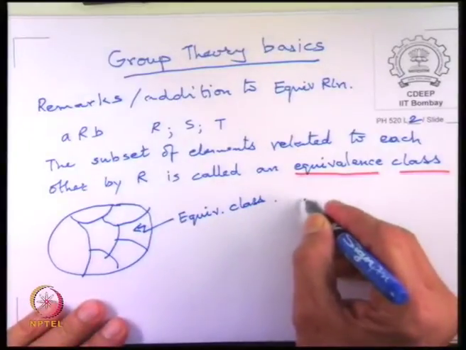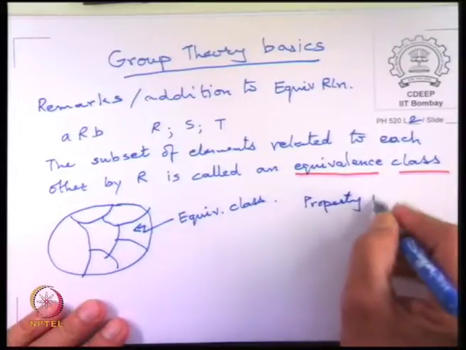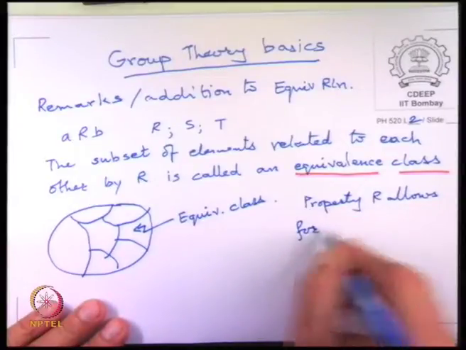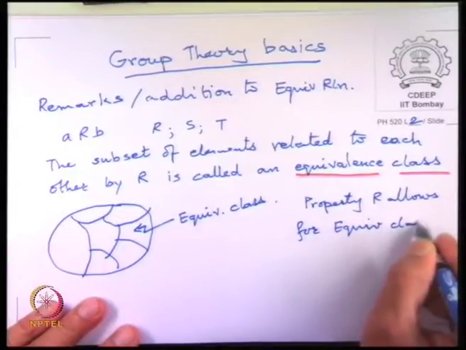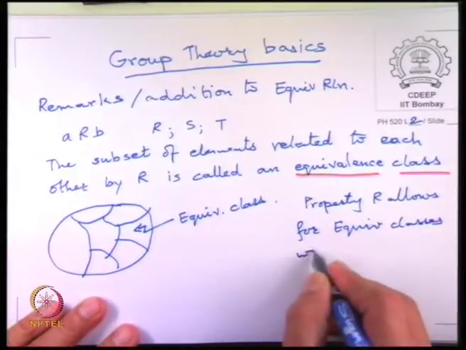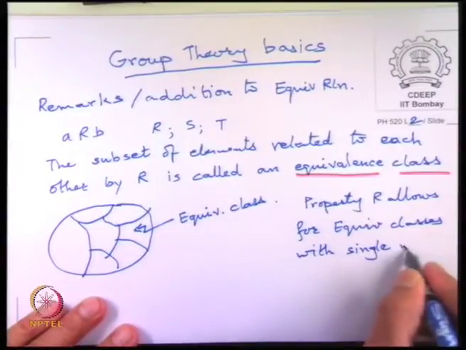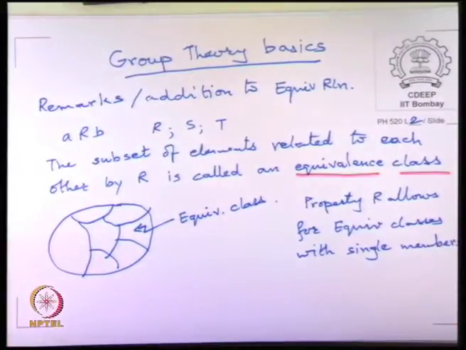So, property R allows for equivalence classes with single members. So, you may have something that is related to itself, but is not related to anything else in the group, then that will become an equivalence class by itself.